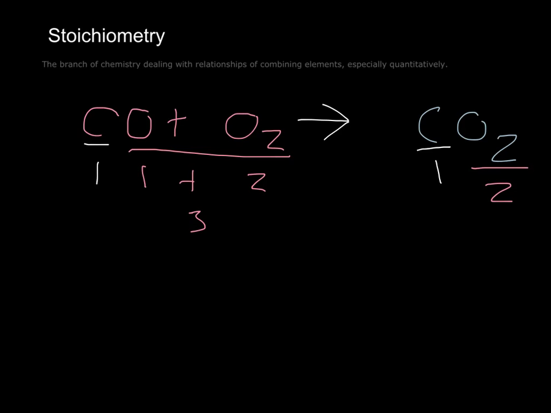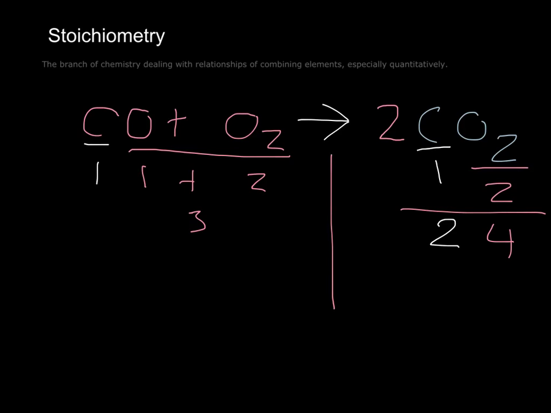We're not balanced there. So let's try changing this to a 2, because if there's no coefficient, then we assume that it is a 1. So 2 CO2 changes these numbers to now 2 carbons and 4 oxygens on our product side.